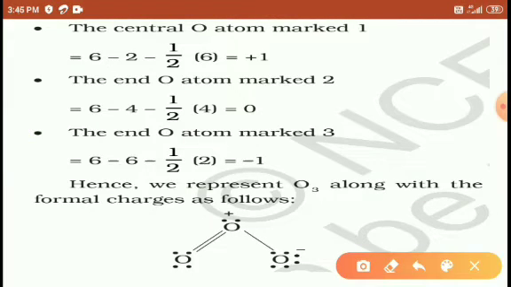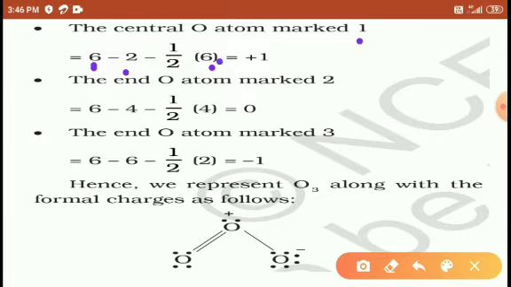So the central oxygen atom is marked as 1. Here the formula is given: 6 minus 2. 6 is the total number of valence electrons, that's right, total number of valence electrons is 6, minus 2, the total number of unpaired electrons, and 1 by 2 into 6. 6 is the total number of shared electrons.